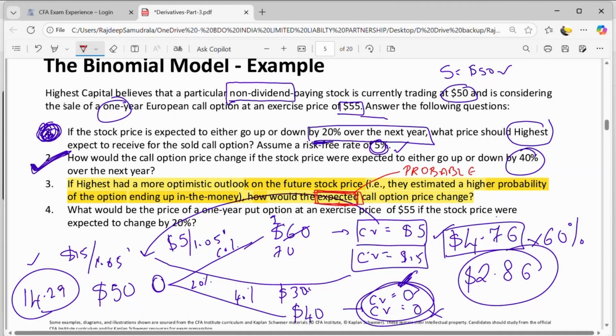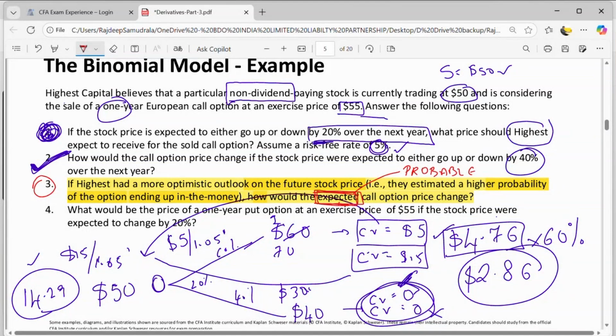So, are we clear on the word expected? Now you tell me, read this, what do you understand of the statement? Now it will make more sense to you. If we assign a higher probability, we'll expect a higher price. Correct, exactly, very good. Now you understood? They are saying they feel there is more probability of the price going up, because they are more certain.